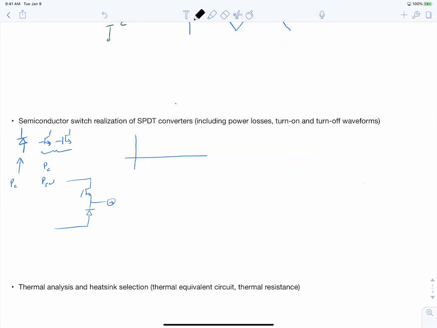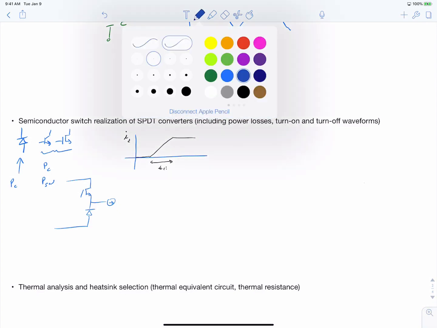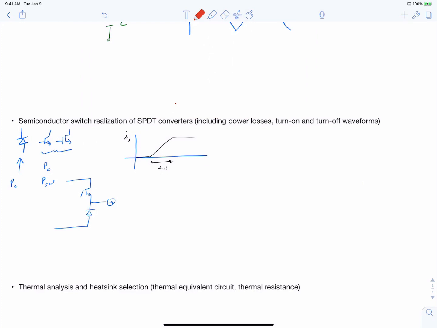During the turn-on event, we saw that for our MOSFET, our drain current rose over a finite interval, which we labeled as a rise time, and our drain source voltage then fell over a separate interval, which we labeled as our voltage fall time. So this was the turn-on characteristic, but we also have a turn-off characteristic where the reverse happens.